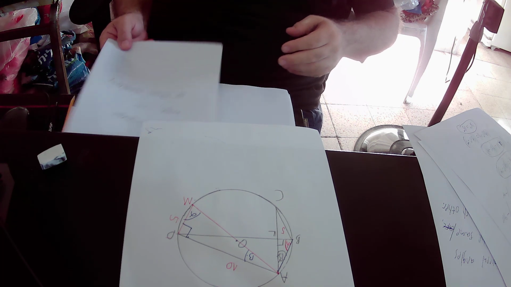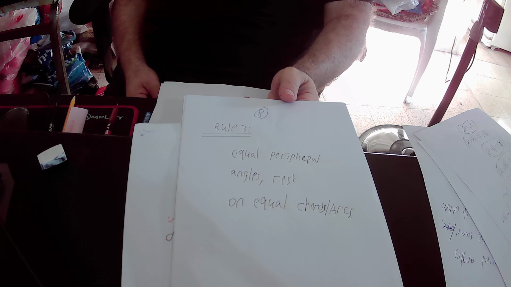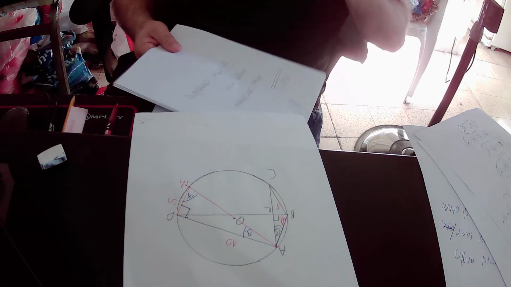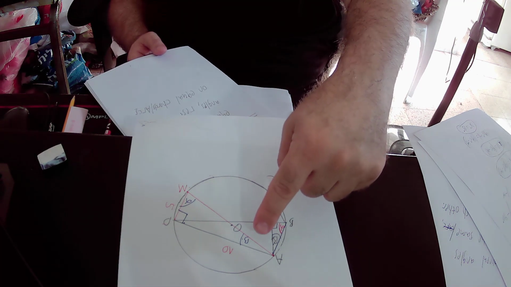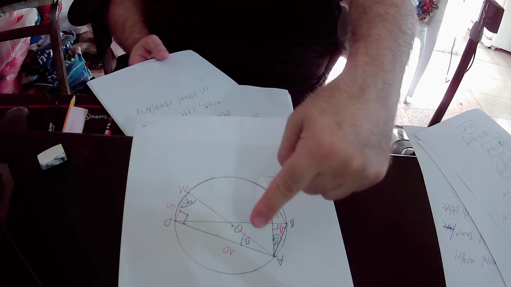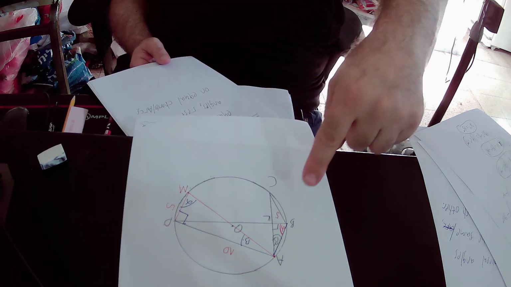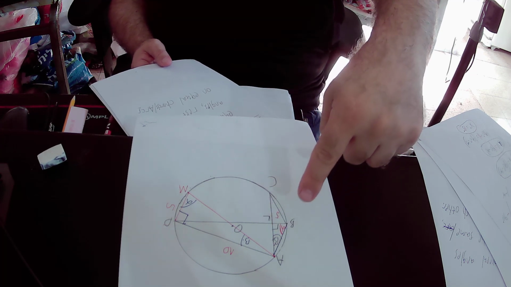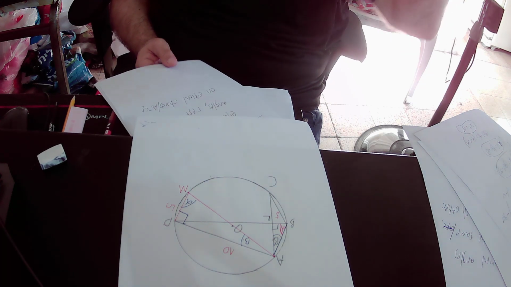We have rule number 3 that states that equal peripheral angles rest on equal chords. Okay, so this angle beta rests on chord MD. So according to rule number 3, this angle beta also must rest on equal chords.